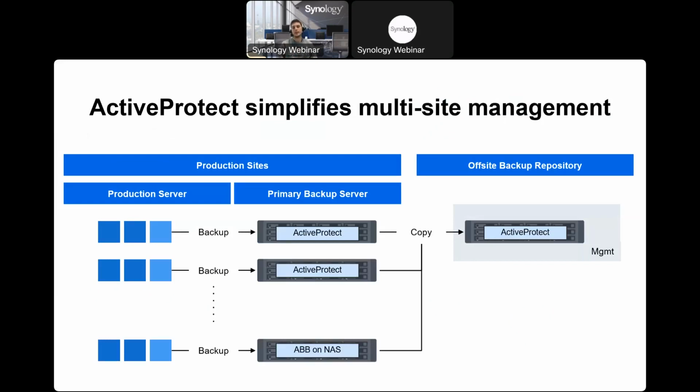So we can add all of the clusters to this manager APA and store all the copies collected from the primary backup servers. In this way, we can take care of the backup management from one point to ensure a simple centralized usage.